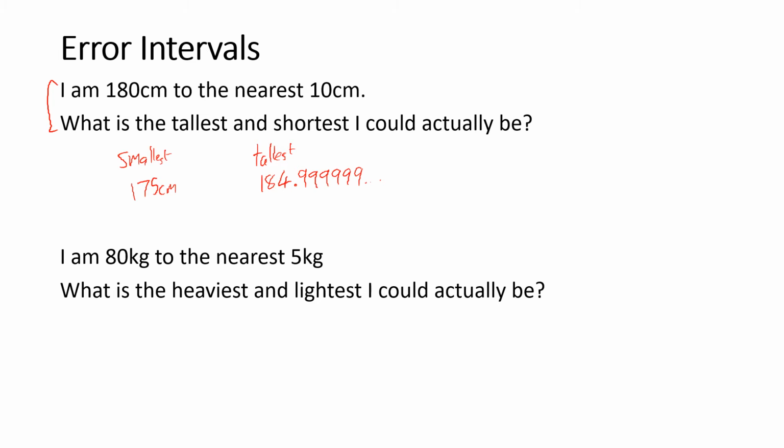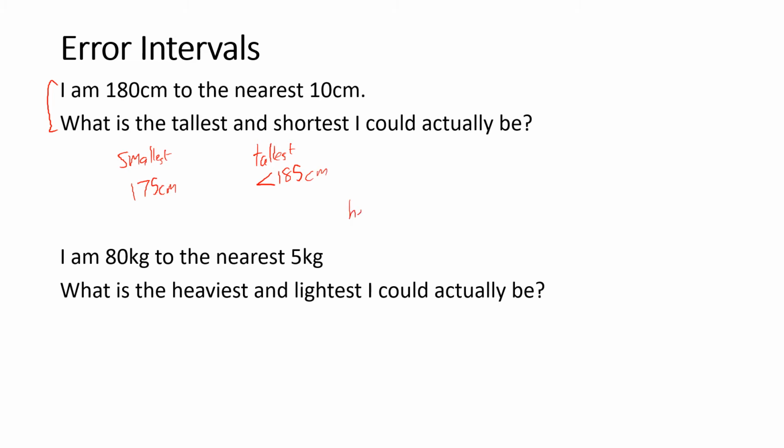We can keep adding on those 9s forever. Now, in terms of actually saying that, well, you could be really smart and use like a little recurring symbol. But we actually just tend to say that the tallest we could be, our upper bound, is anything less than 185.